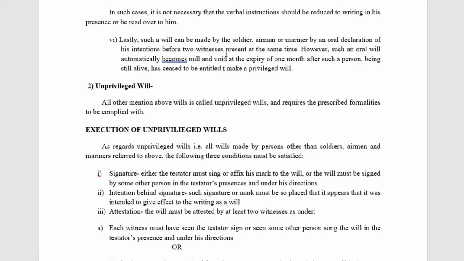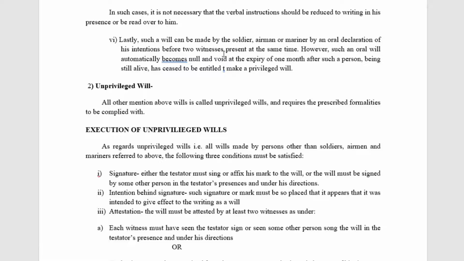However, what we have to see here is that such an oral will automatically becomes null and void at the expiry of 1 month after such a person, being still alive, has ceased to be entitled to make a privileged will. That means the primary condition is that this privileged will becomes inactive after a period of 1 month if the person who makes the privileged will gets survived.